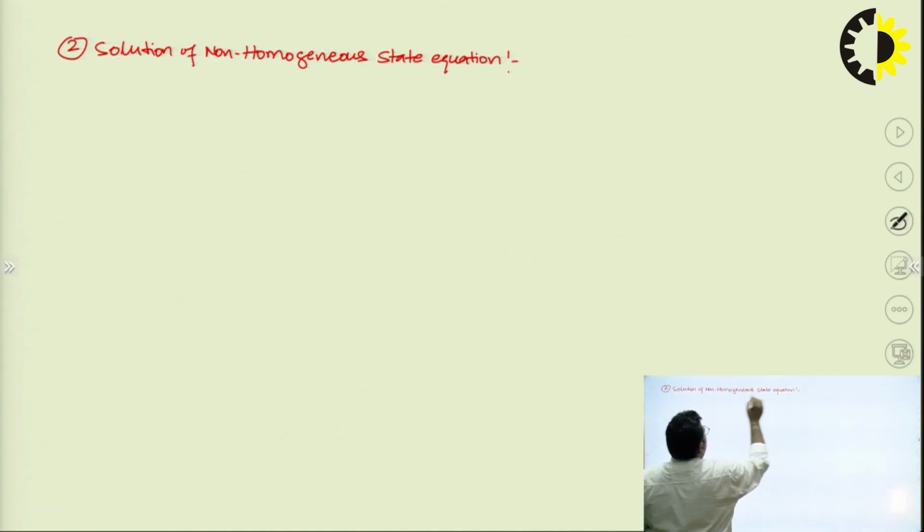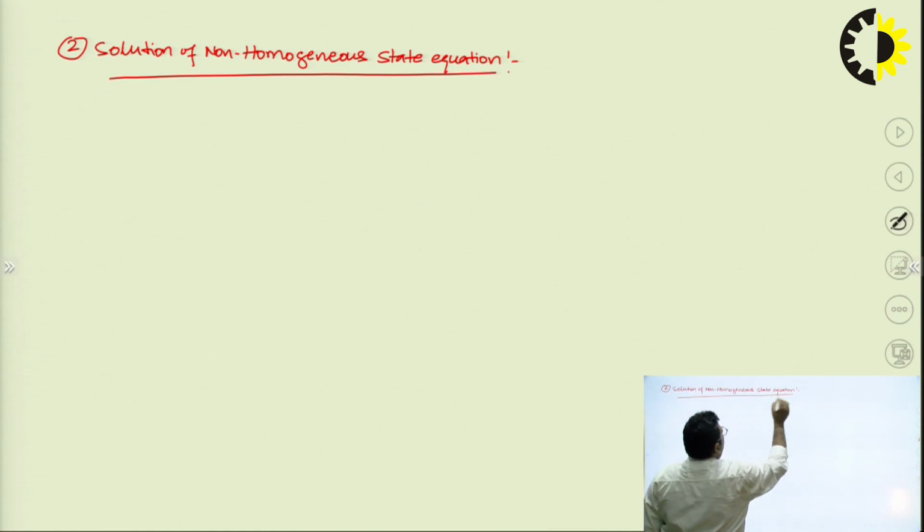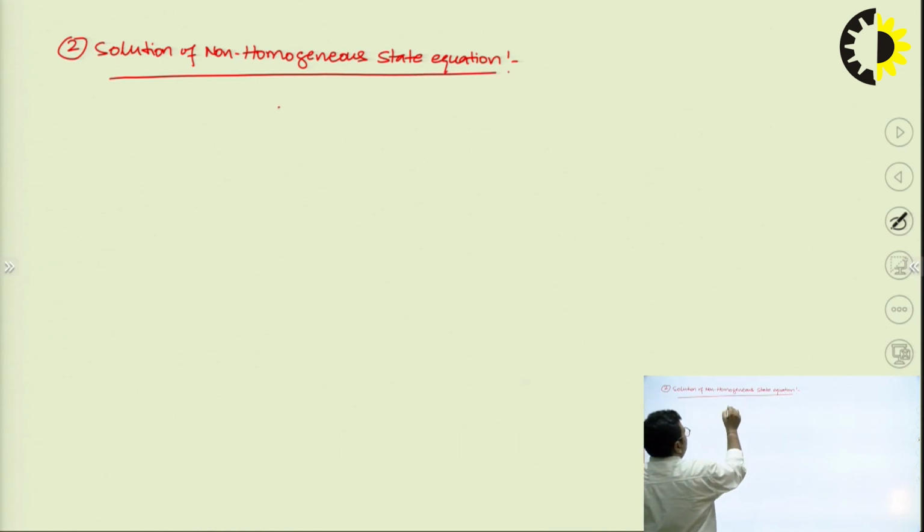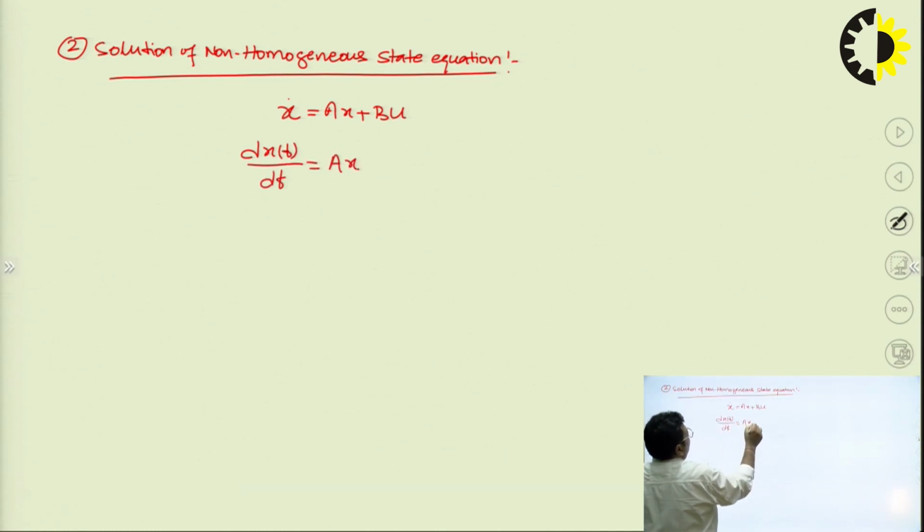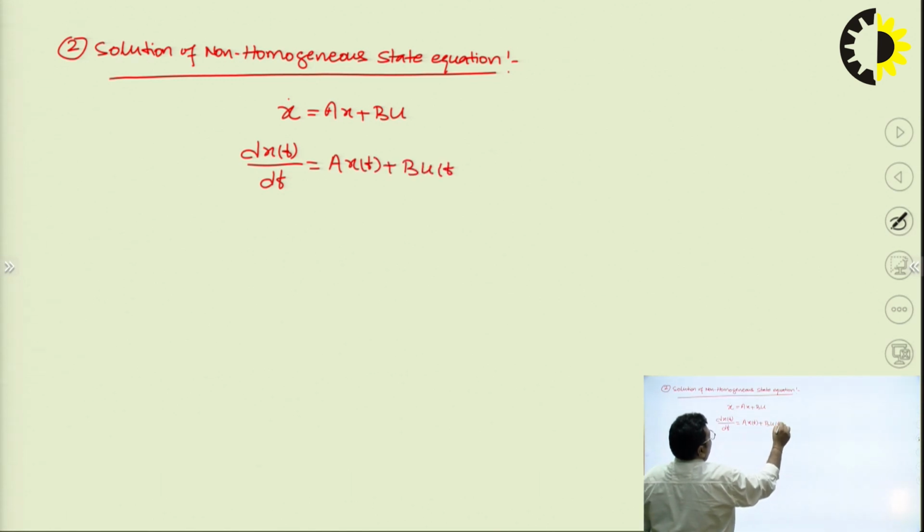In this we can write the state equation x dot is equal to Ax plus Bu, or we can write it as the derivative of x(t) divided by dt is equal to A into x(t) plus B u(t), right?